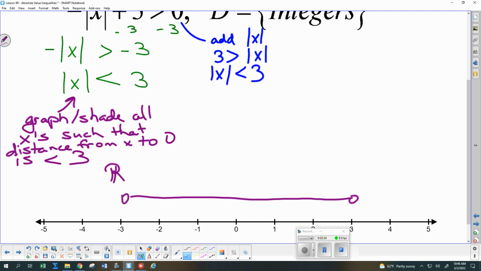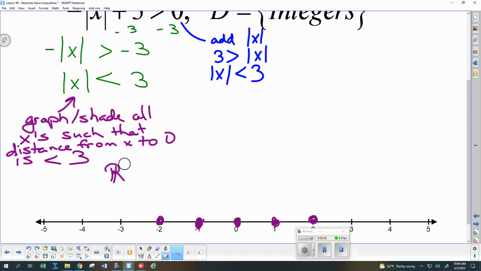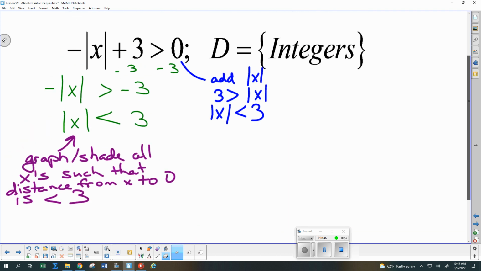Because it is integers, we are going to shade only the integers that are between -3 and 3. So solid dots on each of those, and I will get rid of that shading here that is not true for the problem because we do have integers instead of reals up there. Does that make sense to everybody?